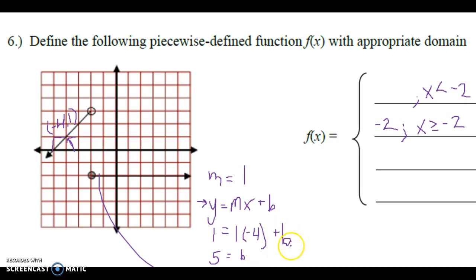That only leaves one unknown, which will give me the intercept. And when I solve it, the intercept is 5. So that means this equation is x plus 5. So in essence, you just imagine that that line is continuous, and then you find the equation of that line.